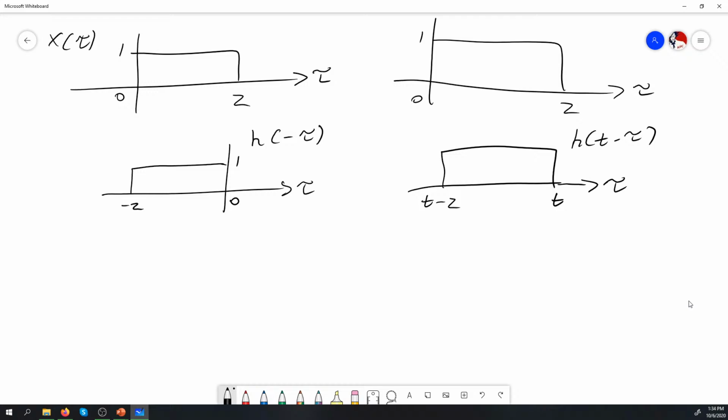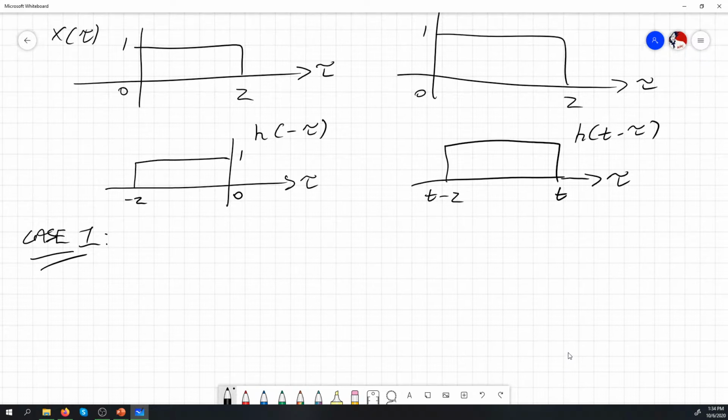So now that we have our x of tau signals and our h of t minus tau signals, we can start doing the convolution process that we observed. We can say here, for case 1, let's start doing our overlap process for x of tau and h of t minus tau.